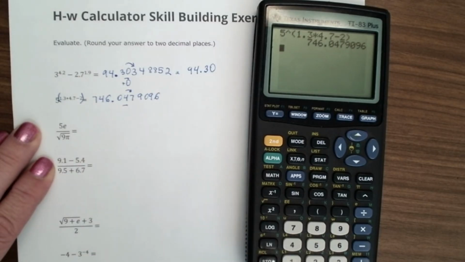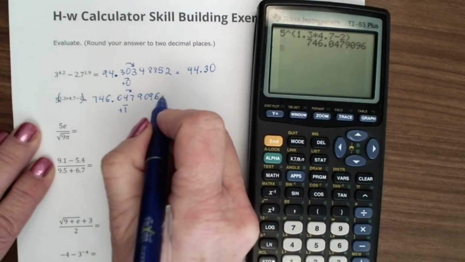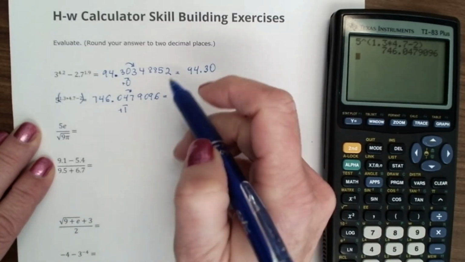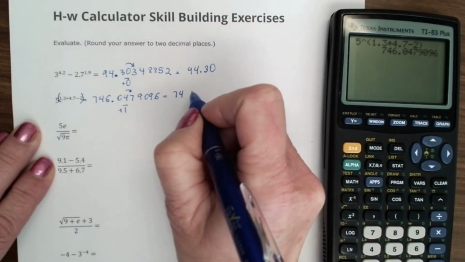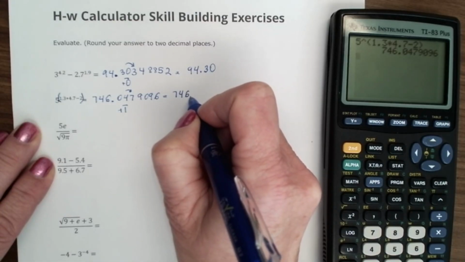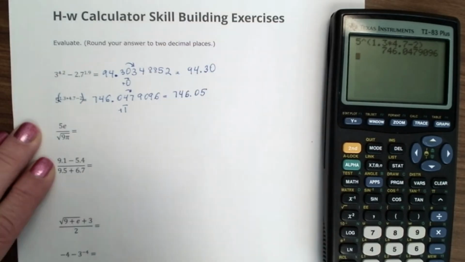When we have 5, 6, 7, 8, 9, we have to add 1 right here. So it will be 4 plus 1, 5, and the final answer is 746.05.